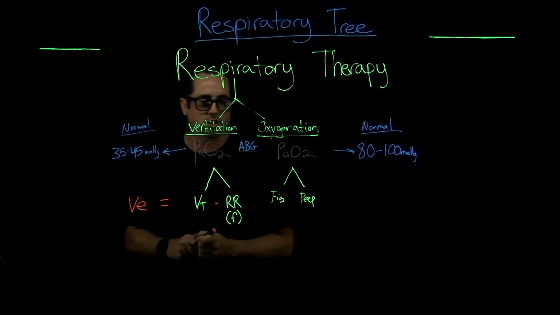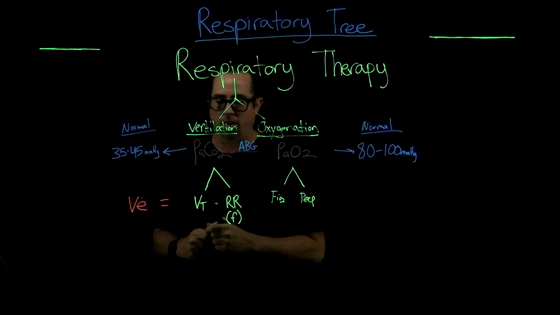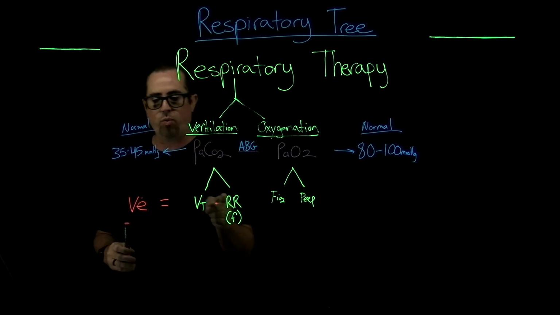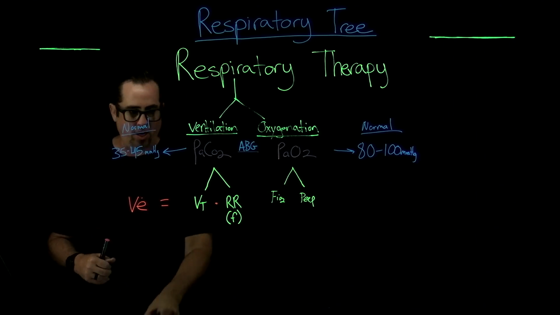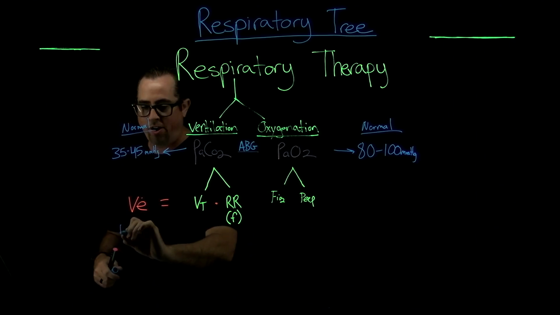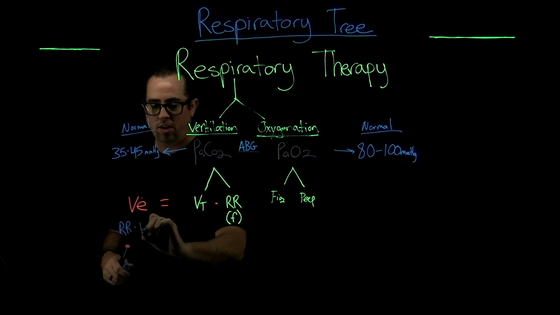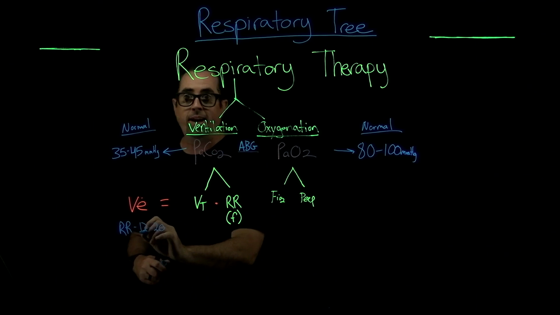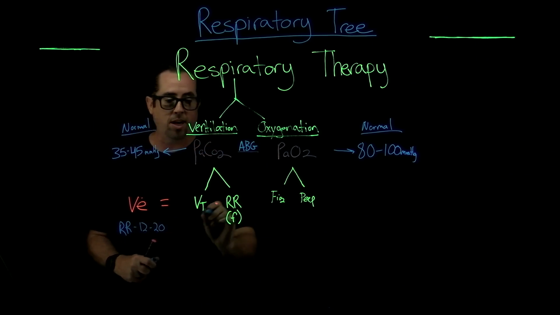So, the rules I was talking about. Let's start with ventilation. We know our normal values. Respiratory rate, I always want to put that over here. What is our normal? Breaths per minute, that's 12 to 20 breaths per minute.